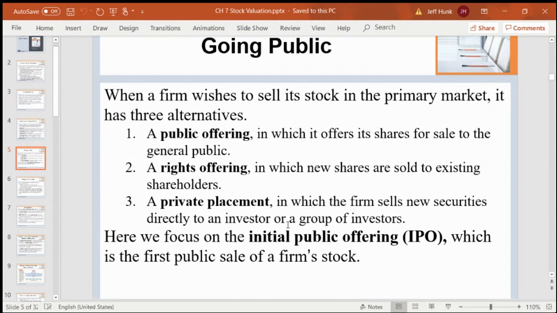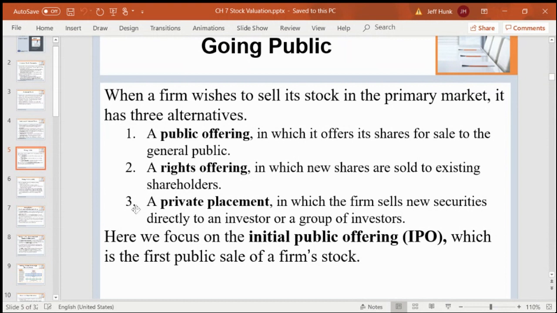So IPO stands for initial public offering, as I said. There isn't only the initial public offering; there's a second public offering, a third public offering, right? But second and third public offerings come later, when the company is more mature than a startup.